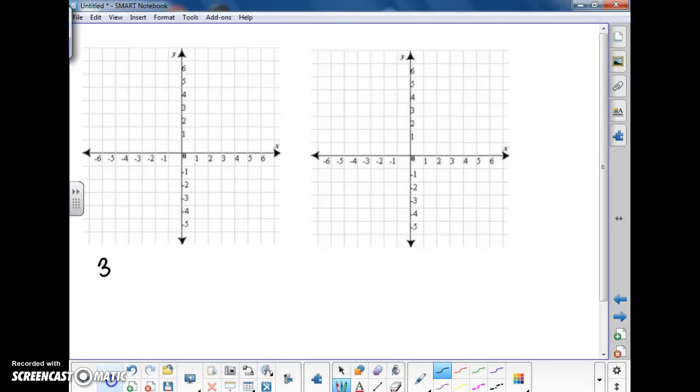Number 3, y less than or equal to negative 4x minus 5. Begin at negative 5. Up 4, left 1. Next.